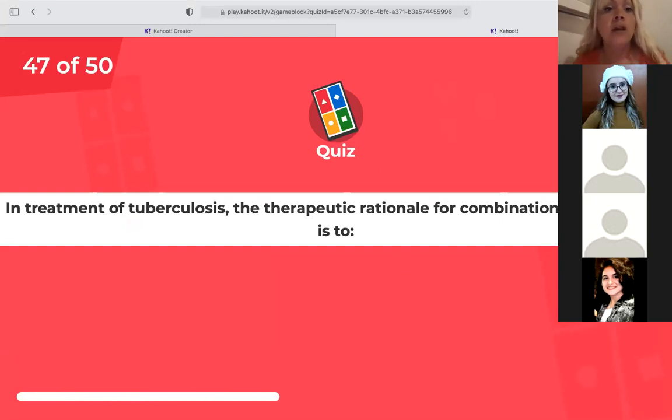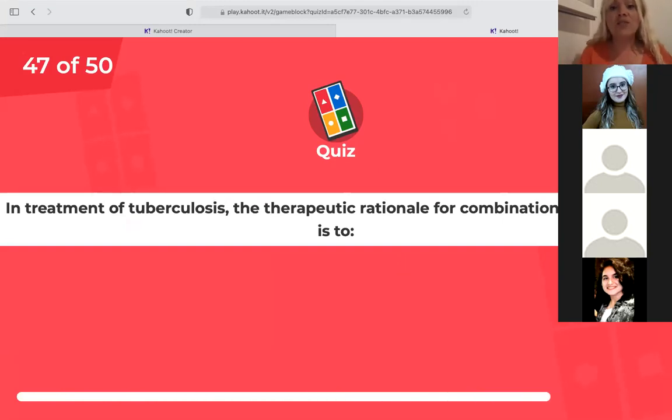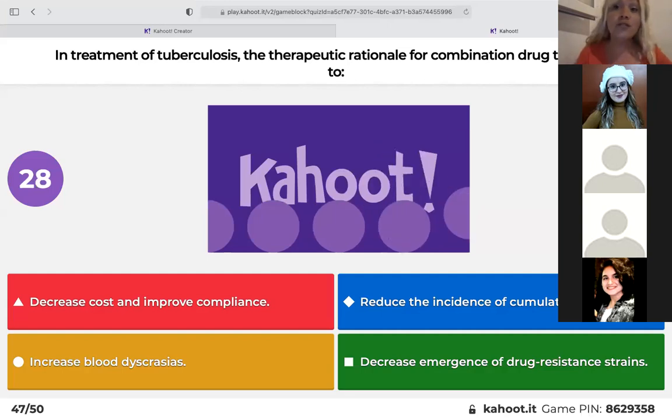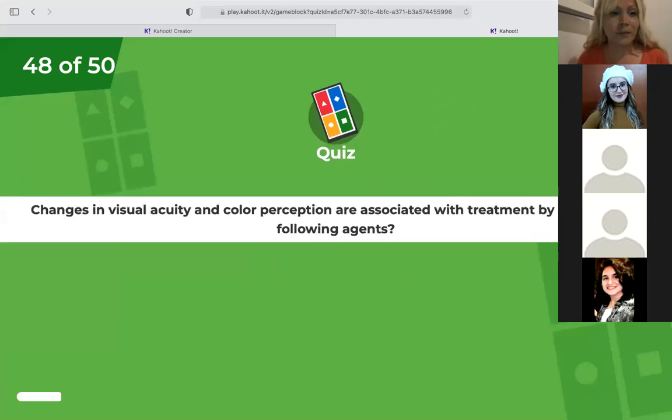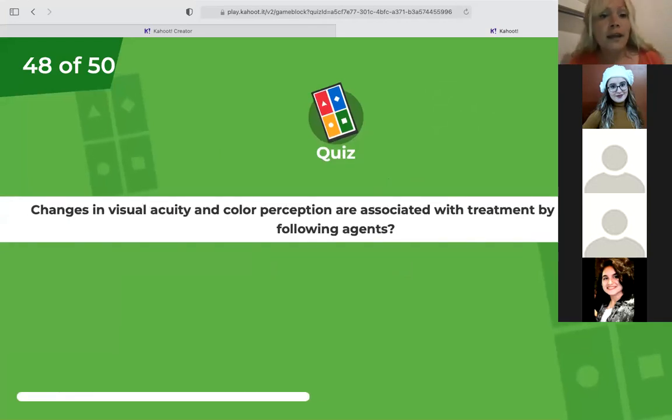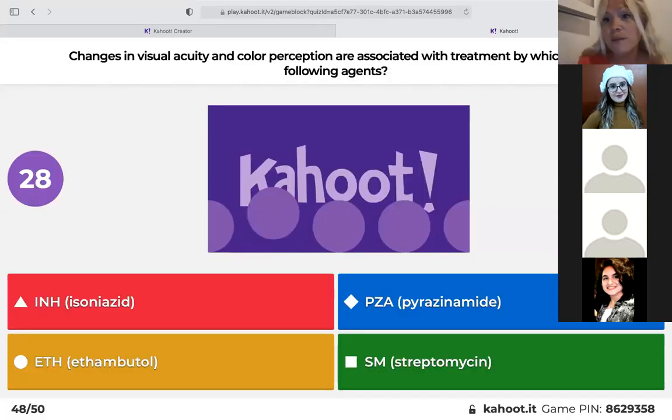In the treatment of tuberculosis, the therapeutic rationale for combination drug therapy is to what? Changes in visual acuity and color perception are associated with treatment by which of the following agents?